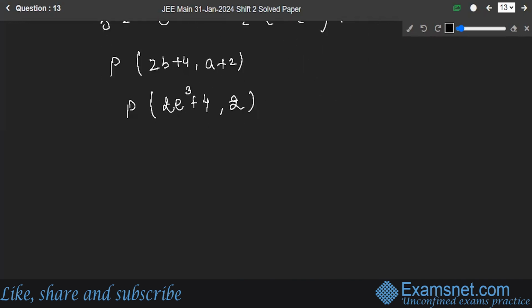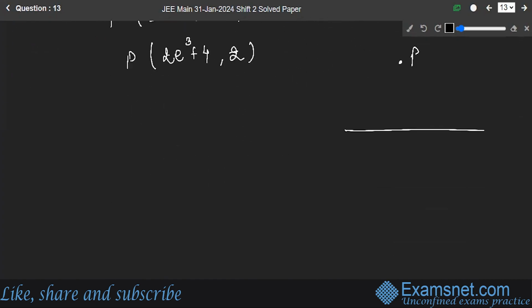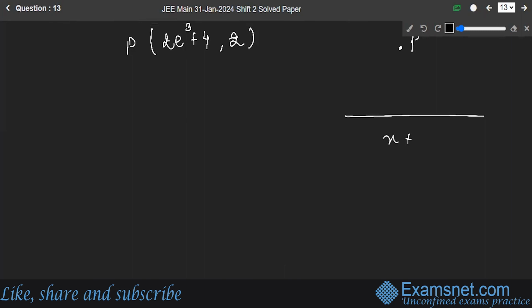Now, this is your point P, and this is your line x plus e power minus 3 into y minus 4 is equal to 0. So you have to find out this D. All right, you got the point P already. This is 2e power 3 plus 4 comma 2. So easy as that.